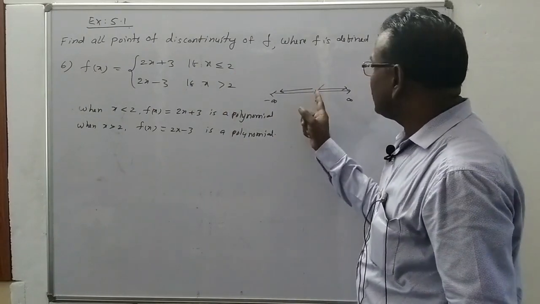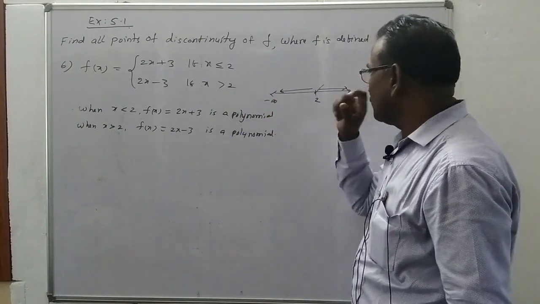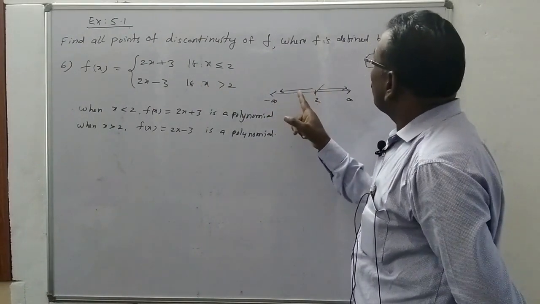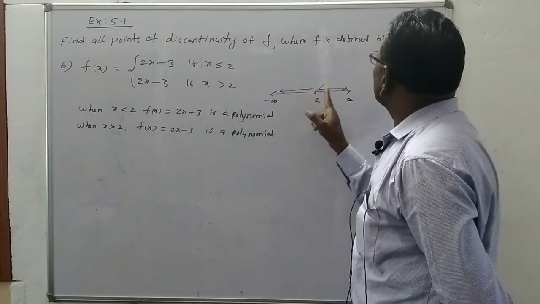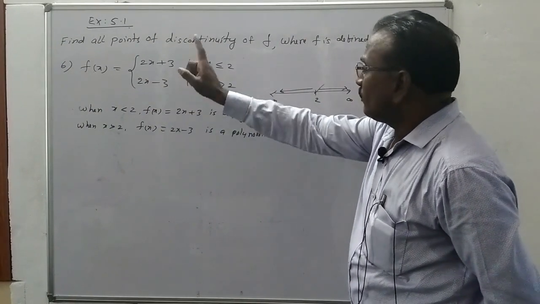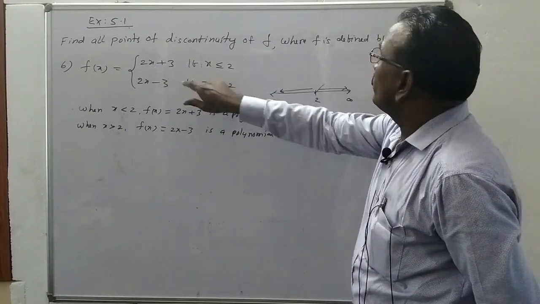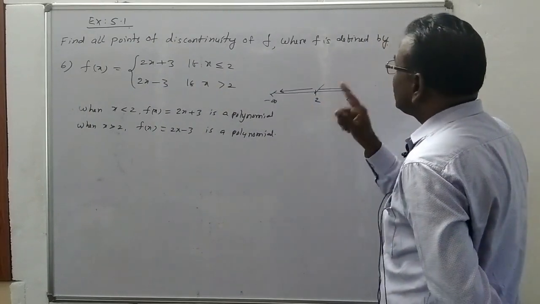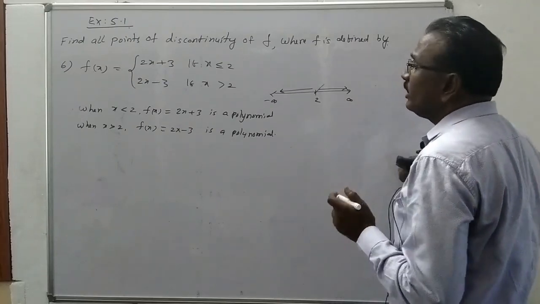When x is less than 2, it is a polynomial function, and the domain is the set of all real numbers. When x is greater than 2, f of x is 2x minus 3, a polynomial, so the domain is the set of all real numbers. Therefore the function f of x is defined for all real numbers.